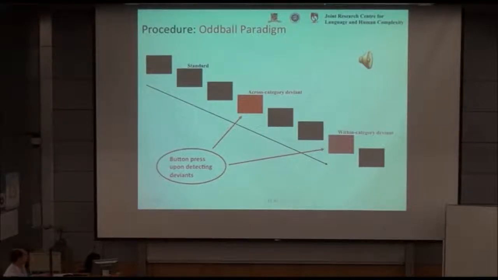During the experiment, we ask the subject to press a button once they hear the Oddball, regardless of the type of Oddball. Okay, they hear the difference, then press the button. Then we look at the brain response.